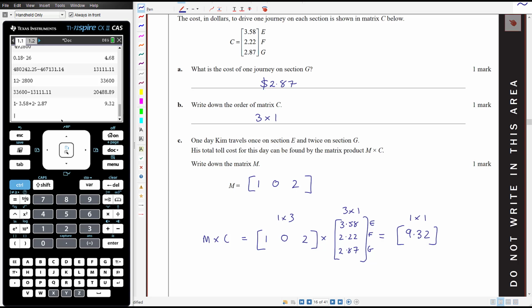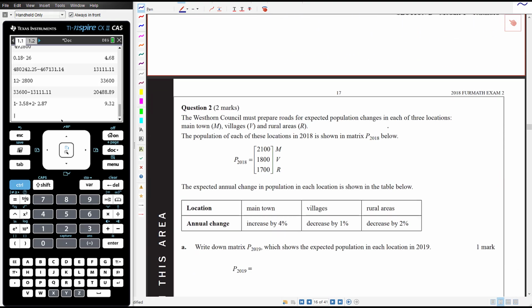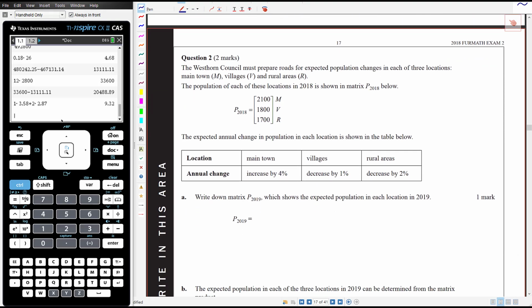Okay, question 2. The West Horn Council must prepare, West Horn or West Thorn, who knows? Council must prepare roads for expected population changes in each of 3 locations: main town M, villages V, and rural areas R. The population of each of these locations in 2018 is shown in matrix P 2018 below.